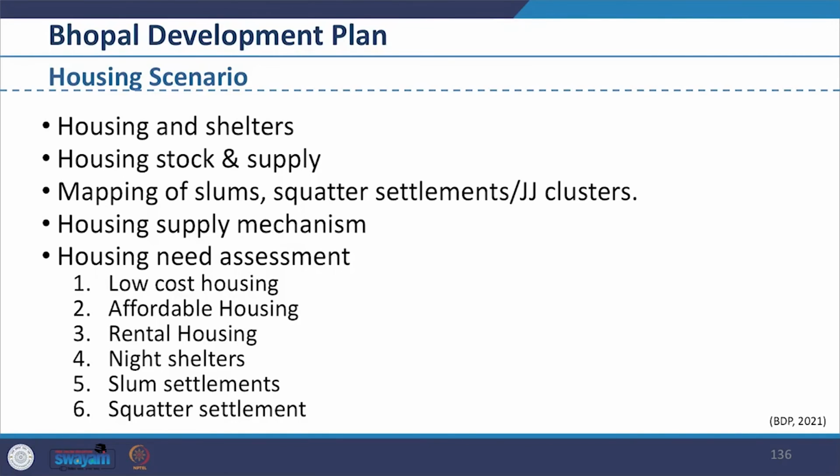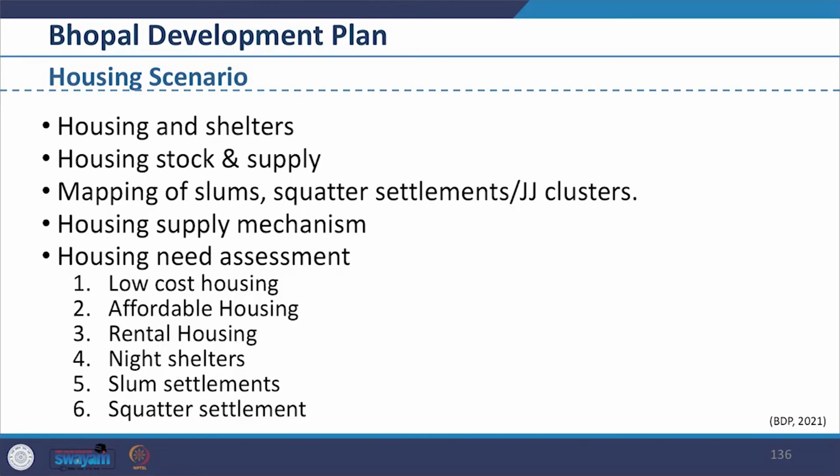Moving forward, we see a further suggested component, an important component in the section of analysis of existing scenario and development issues in the development plan content as per the guidelines, which includes shelter or housing. So, according to the guidelines, what does it need to have? It needs to cover both formal and informal aspects of shelter while considering the existing scenario as well as calculating the future requirement.